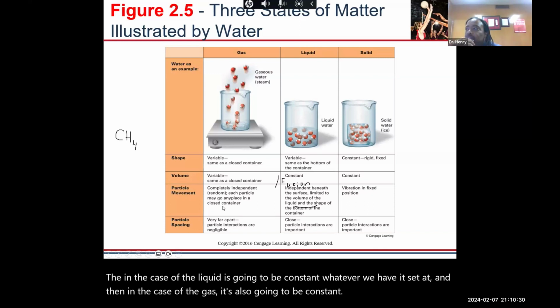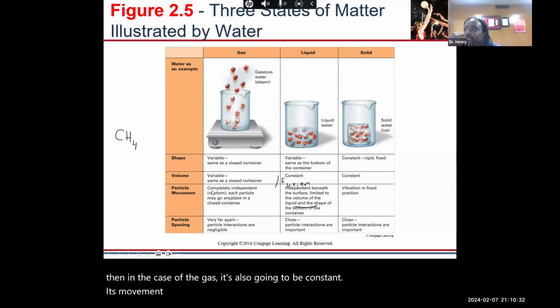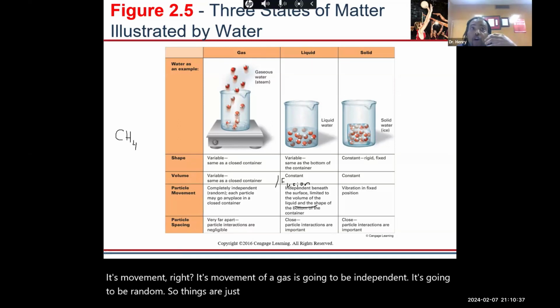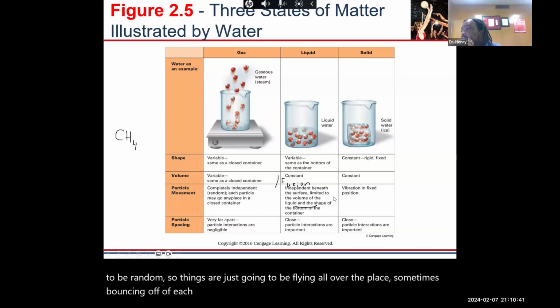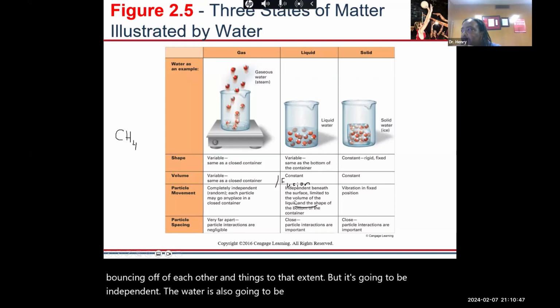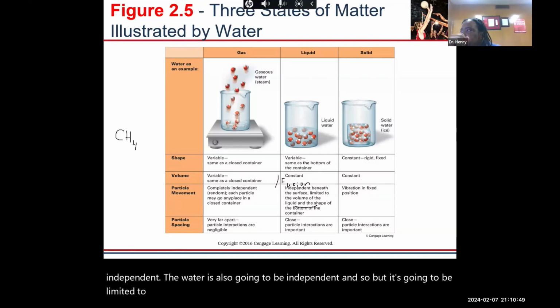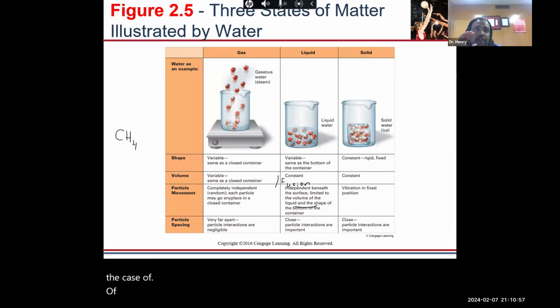Its movement, right? The movement of a gas is going to be independent. It's going to be random. So things are just going to be flying all over the place, sometimes bouncing off of each other. But it's going to be independent. The water is also going to be independent, but it's going to be limited to the volume of the water and the shape of our container. And in the case of the solid, it's going to be vibrating in a very fixed position.